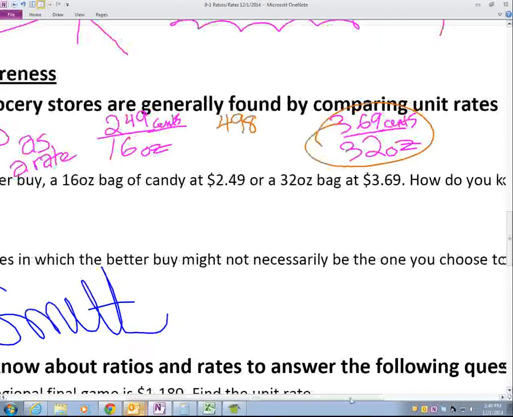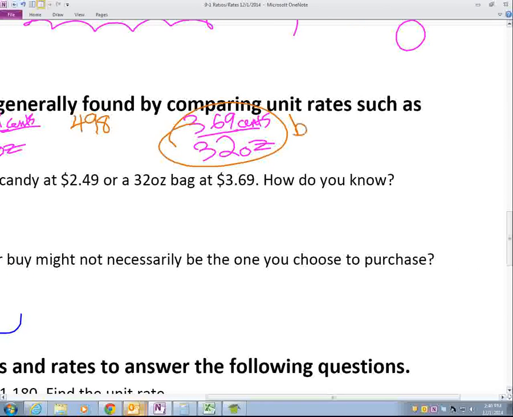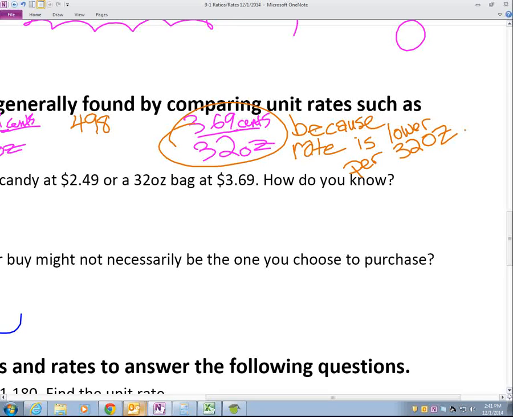The 32 ounce is a better deal, and I'm going to write because the rate is lower per 32 ounces.